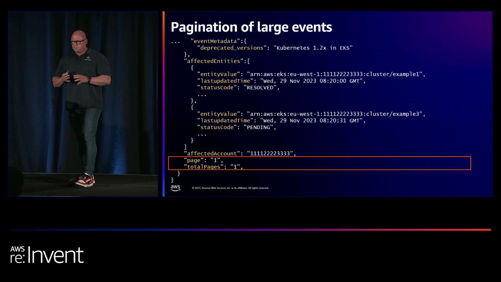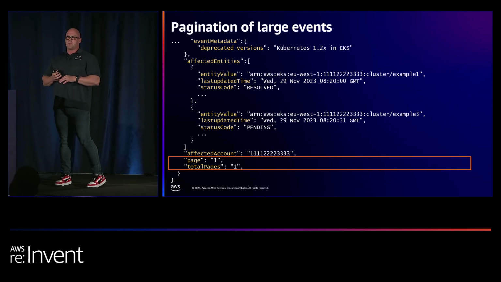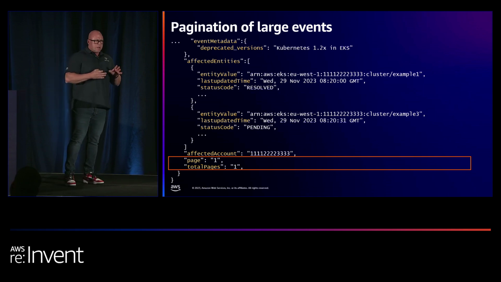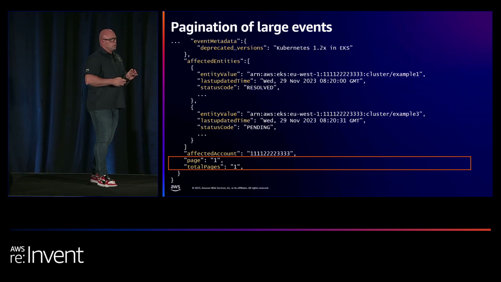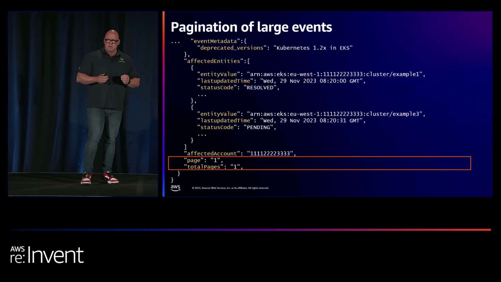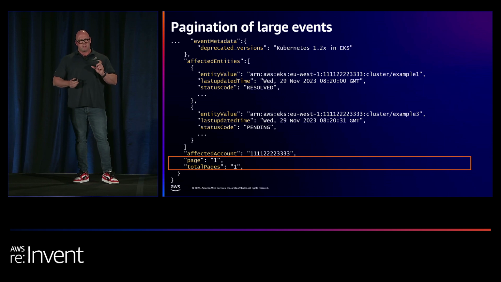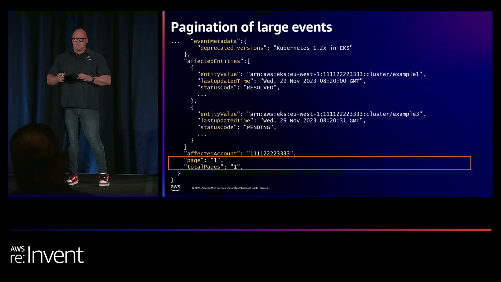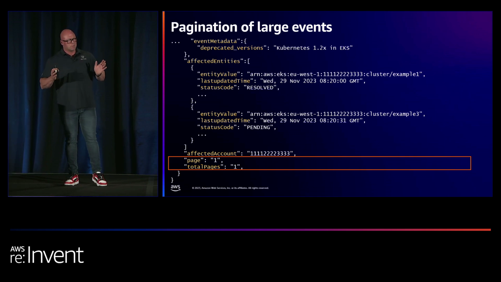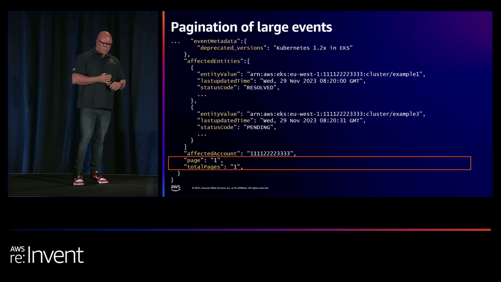And then another feature that we've introduced on EventBridge is pagination of health events over multiple EventBridge messages. Now, you might be aware that there's a maximum size limit of an EventBridge message. And that size limit can be easily exceeded when there are many resources that are associated with a planned lifecycle event.